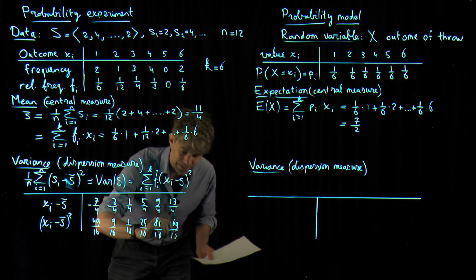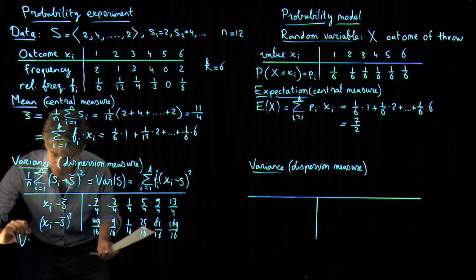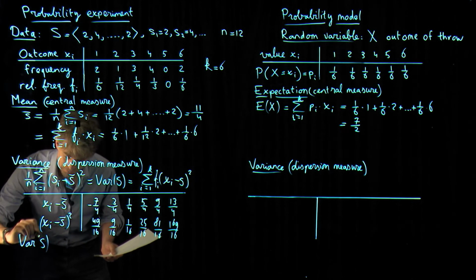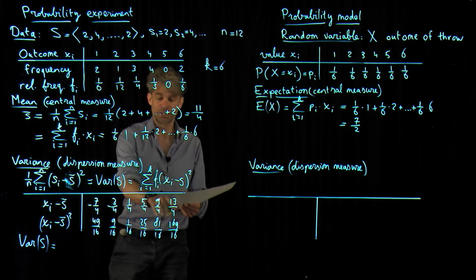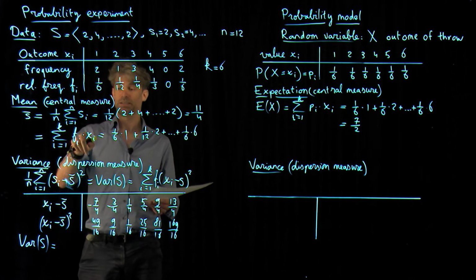169 over 16. And now the variance in this case should be the mean of all these squares. And so we compute it using this formula.